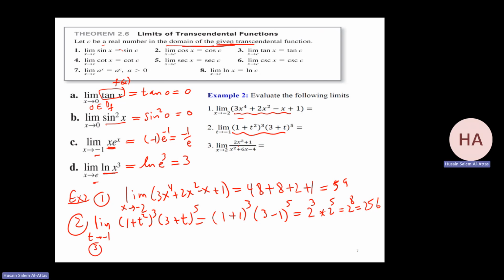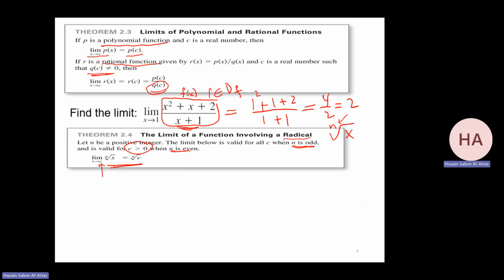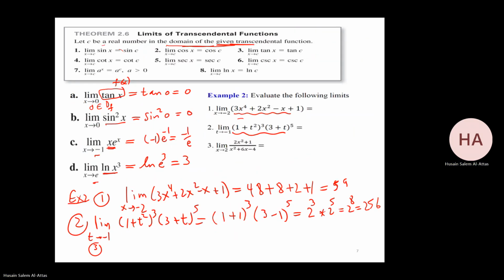This is a rational function. If you remember, when we talked about rational functions, what did we say? If the denominator is not equal to 0, then we can do substitution. Check here. This is g of x. This is f of x over g of x. Check g at 2. g at 2 equals 4 plus 12 minus 4, which is not equal to 0. It's equal to 12.